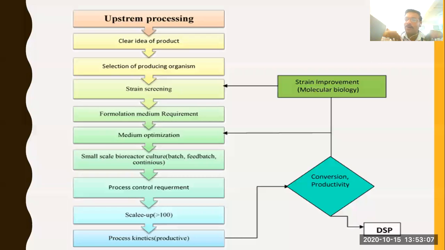As an industrial microbiologist, as a quality control officer, I know very well which type of product is there, how that product is formed, and how we have to go for the harvesting process.